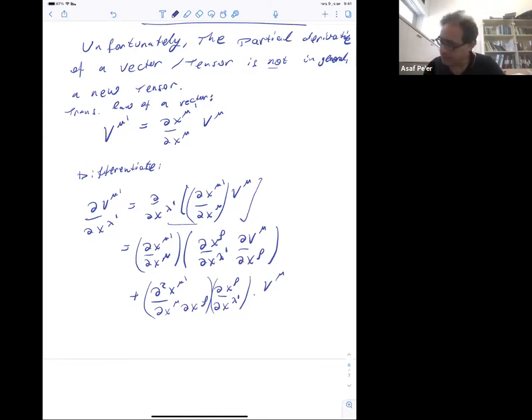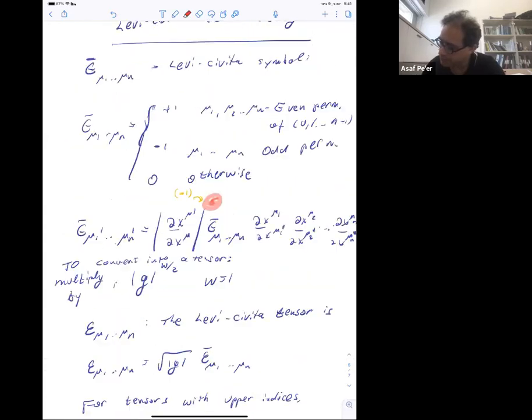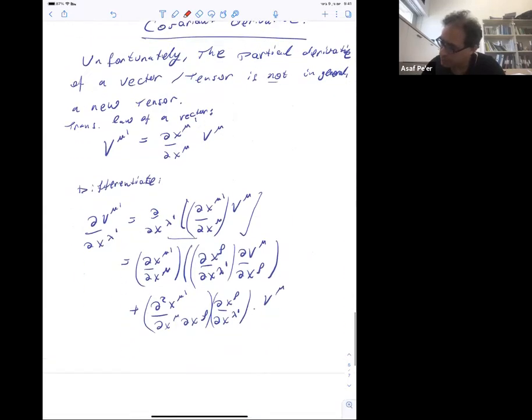The reason why I wrote it like that is because this term here is what we'd expect if the partial derivative was a tensor. If it was a tensor, then we'd expect that dv mu prime over dx lambda prime would transform like what's written here.